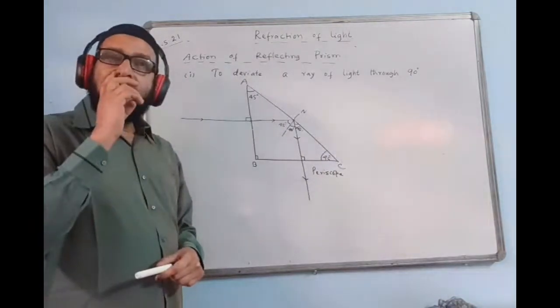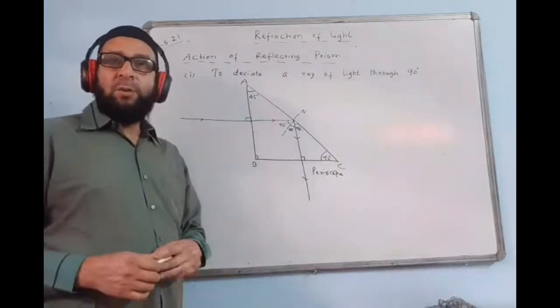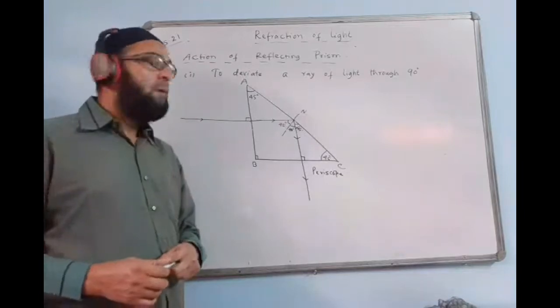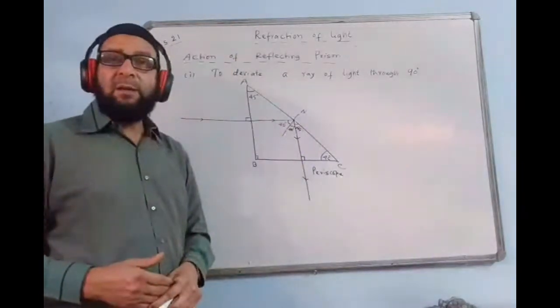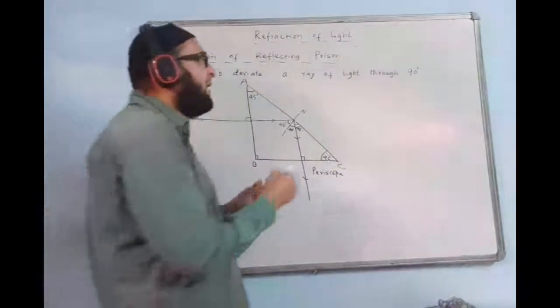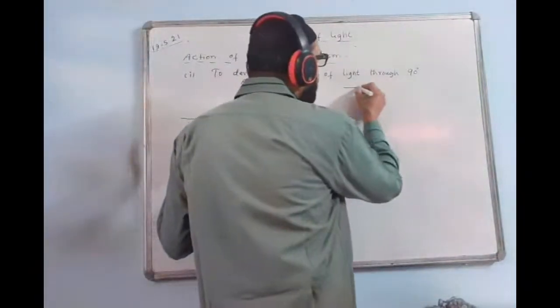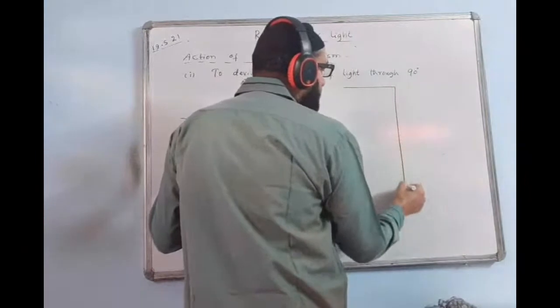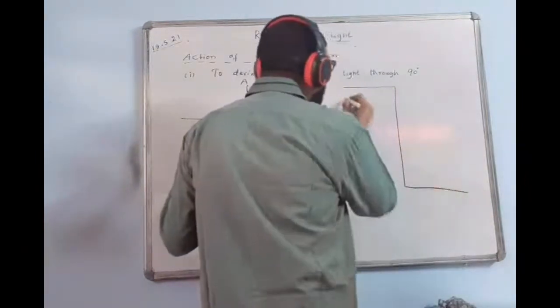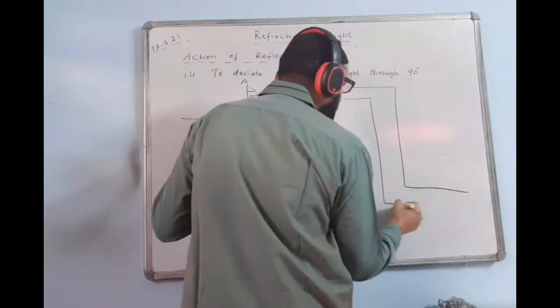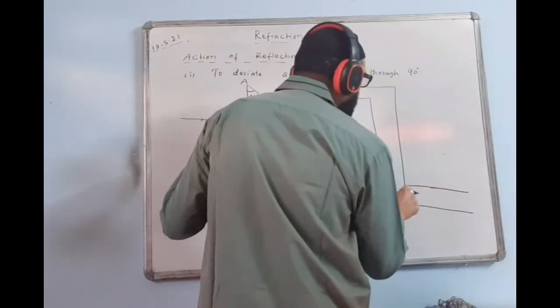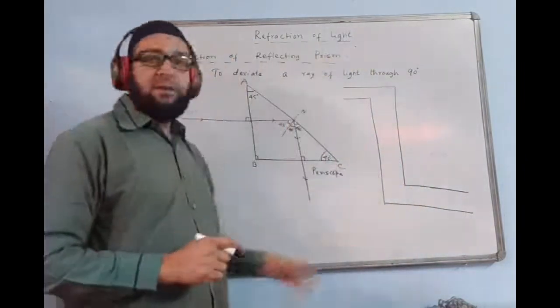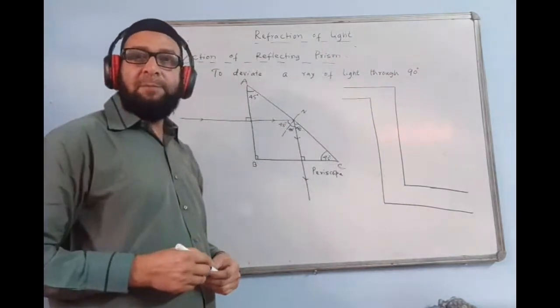I'll just give a little idea about the periscope. A periscope is an instrument to see overhead objects. Normally it is used by a submarine. I think we had this topic in class 9 and you might have done it. A periscope has a Z type of hollow pipe, Z shaped.